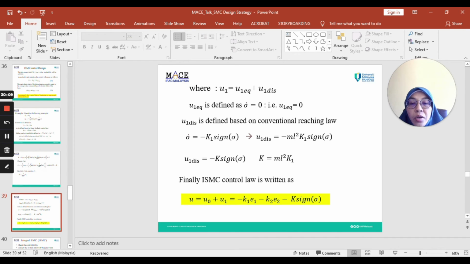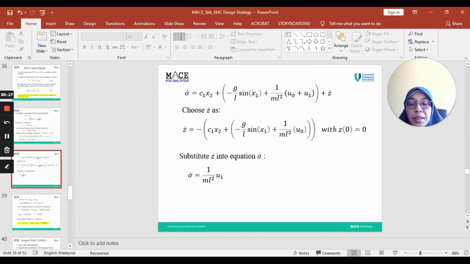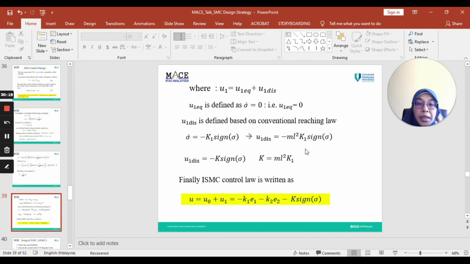In this case, I choose a constant rate. Then we equate to this equation, and finally we end up with this. So the overall ISMC control law can be written as u0 plus u1 equals this, where this is the portion of u0 and this is the portion of u1, where we don't have the equivalent control portion.